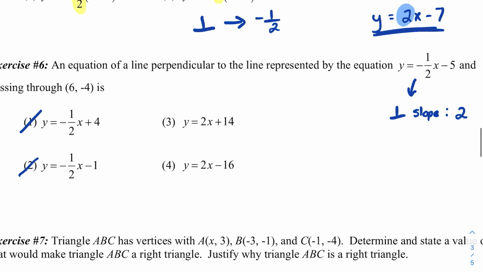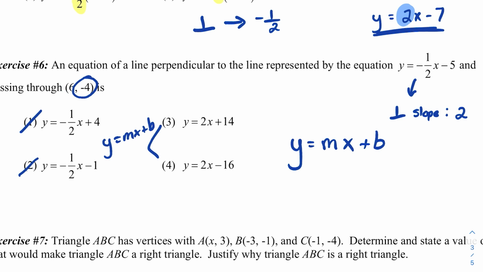They're telling us that it has to pass through the point 6, -4. So if we wanted to, I'm looking at these. These are both in y equals mx plus b. So I could use y equals mx plus b, substitute 6 in for x, negative 4 in for y, 2 in for m, and that's how we could solve for b.